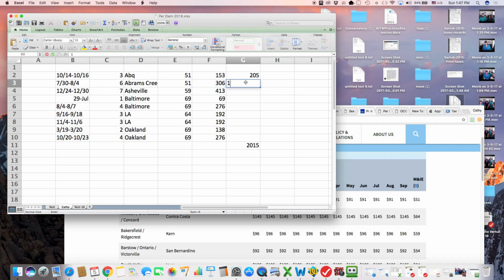Or if the receipts were $306 and the per diem was $199, for example, I'd take the receipts. So by trip, you can choose the amount that's higher.